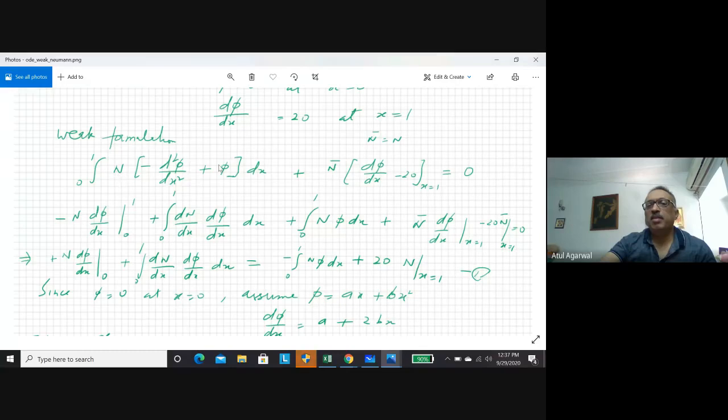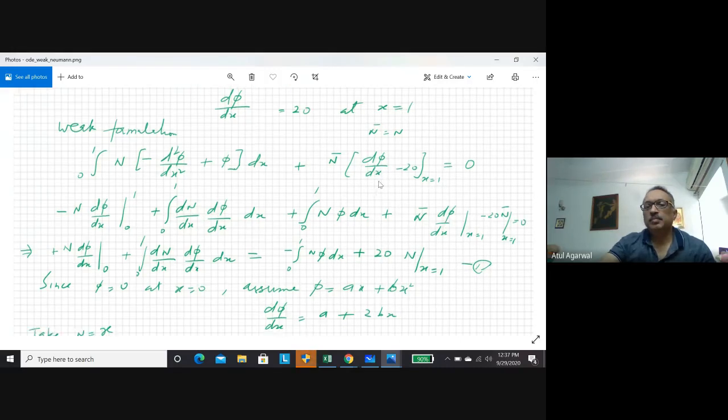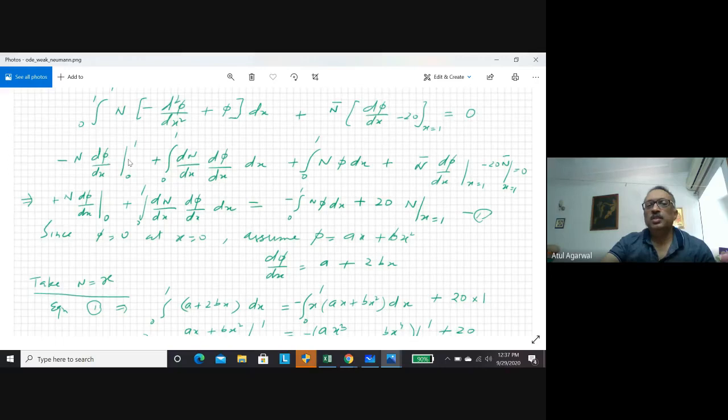So this term n into phi comes as such. The first term gives you these two terms, plus these are the other terms. Now you see this term you can split as this minus n d phi by dx at x equal to 1 plus n d phi by dx at x equal to 0.